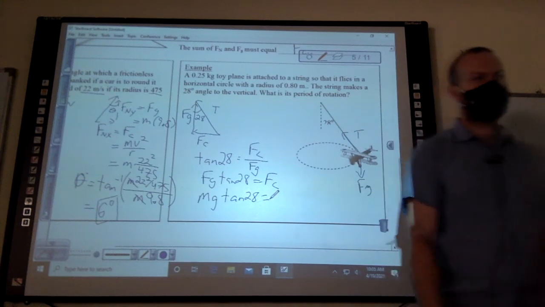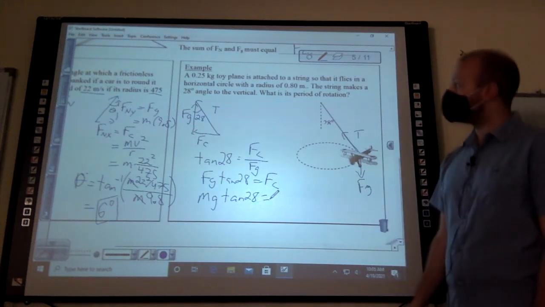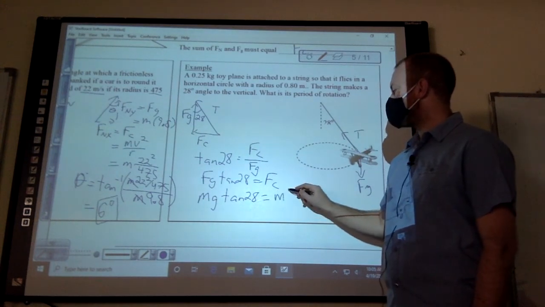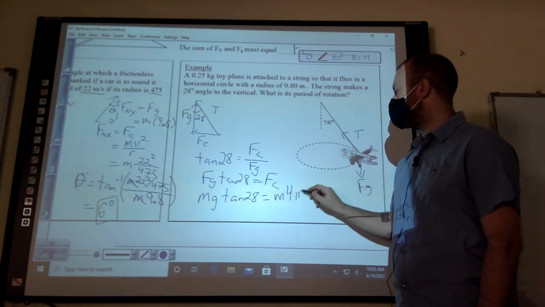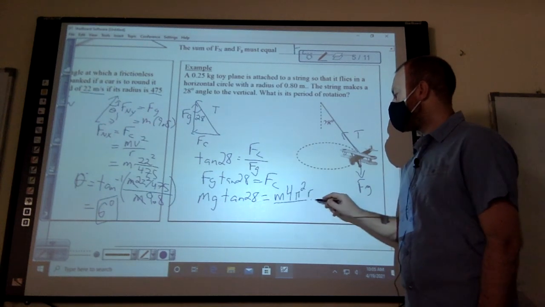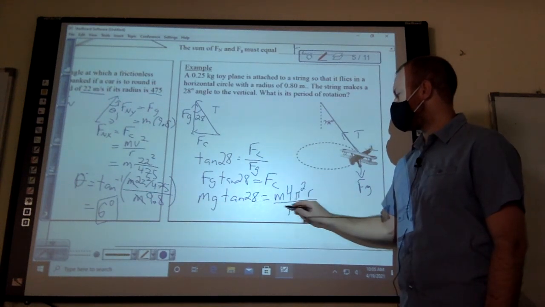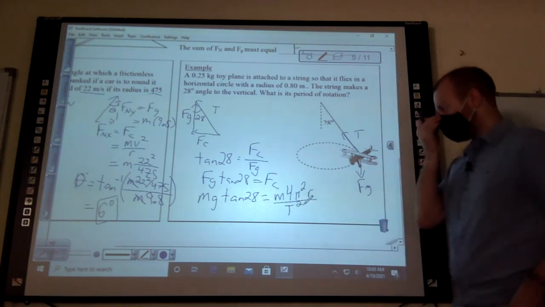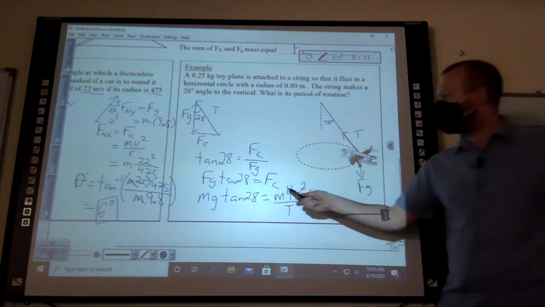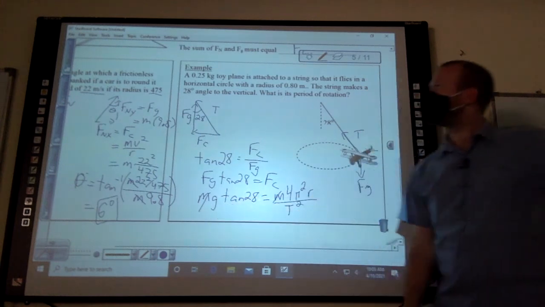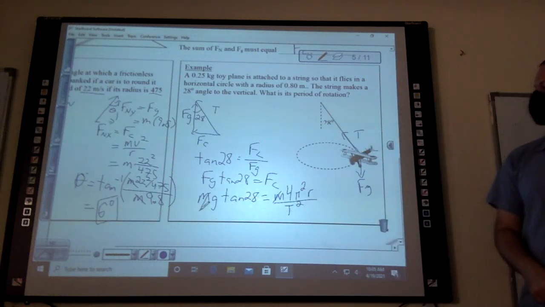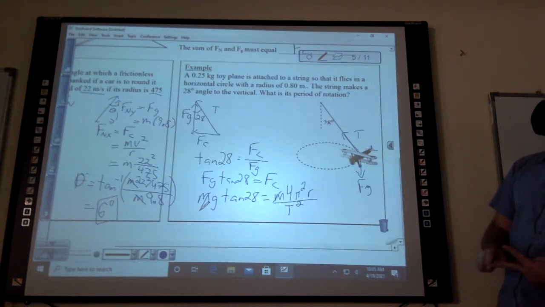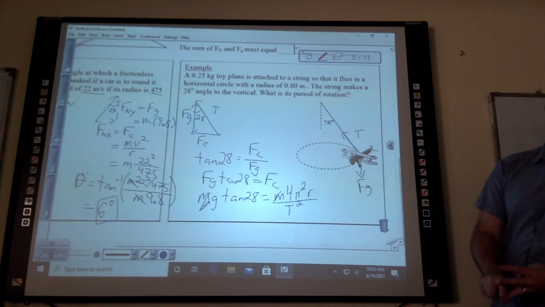Fc, since we're looking for the period, we want to do m 4 pi squared r over the period squared. Again, masses cancel. Even though you're given it, you don't need it. We know g. We know what the radius is, right? Yeah. So now it's just algebra solving for the period.